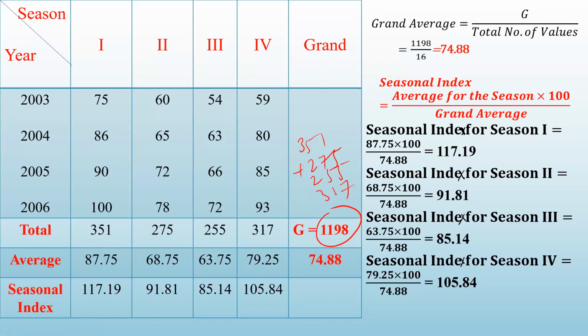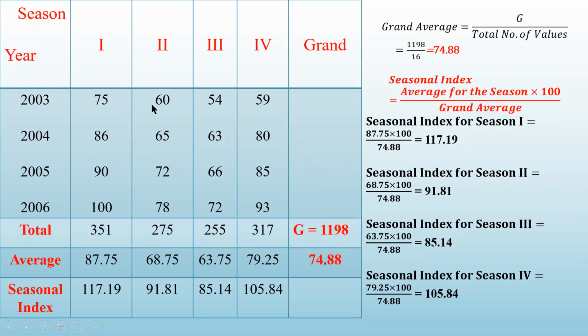Now you have to find out the seasonal indices for each season. So what is our formula to calculate the seasonal index? It is average for the season into 100 divided by grand average. So let us calculate seasonal index for season 1.